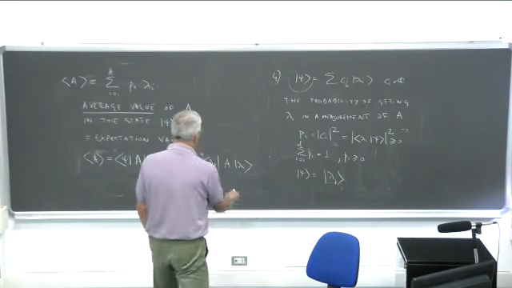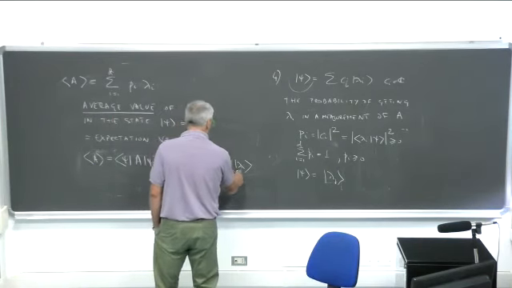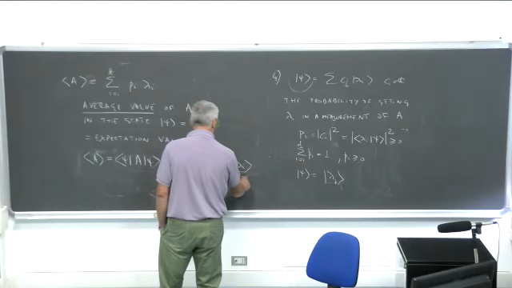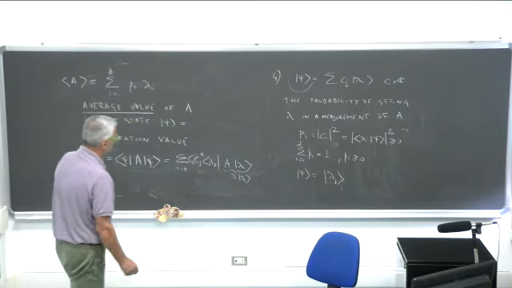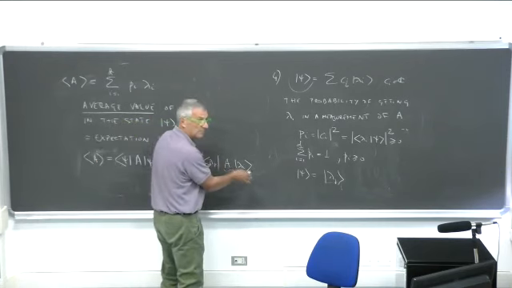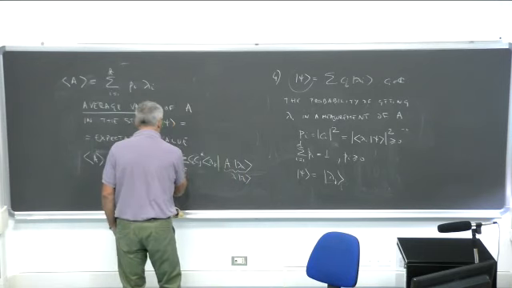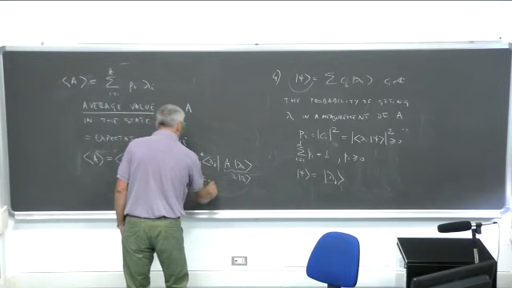But these are eigenstates of A, so this is lambda i times the state lambda i. And then these are orthonormal, which gives a delta ij. So this gives the sum over i of Ci modulo square times lambda i.